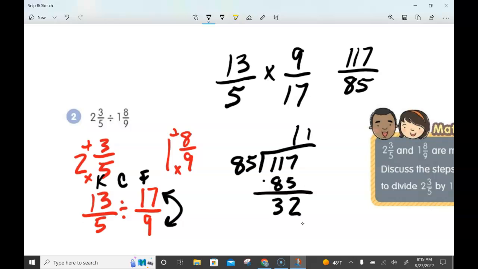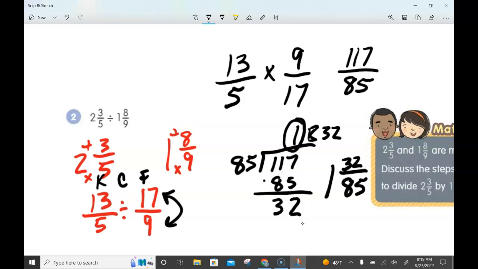So we have a remainder of 32. Now we need to figure out what all goes into our mixed number. So the dividend is always going to be your whole number. So that's going to be 1. The remainder, remember, that goes right on top of the fraction. That R is 32. Denominator stays the same, 85. So we can see our answer is 1 and 32/85.